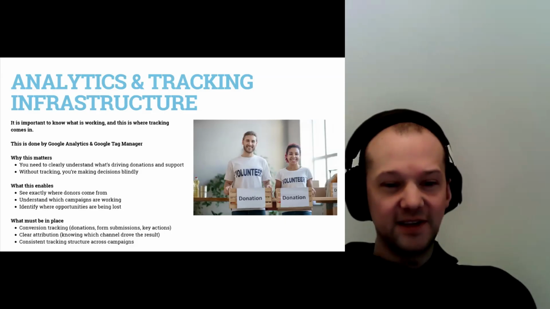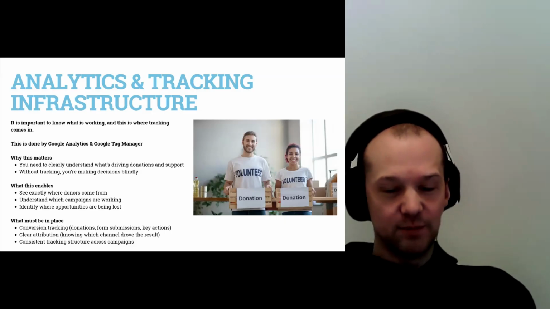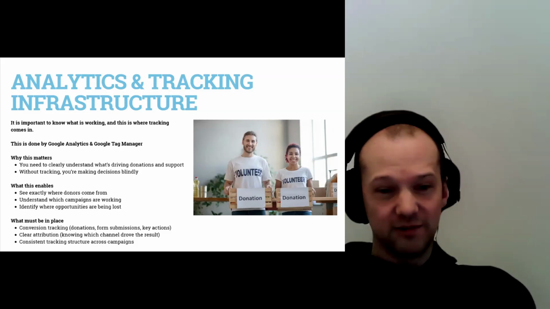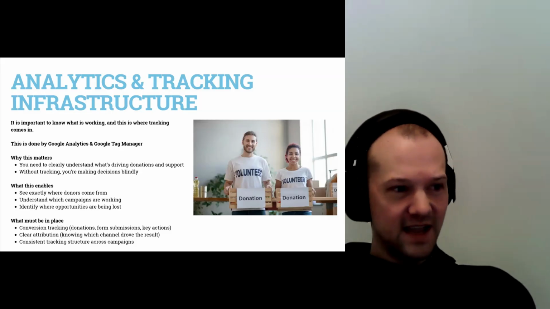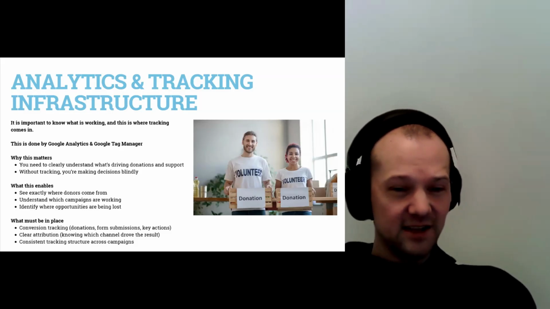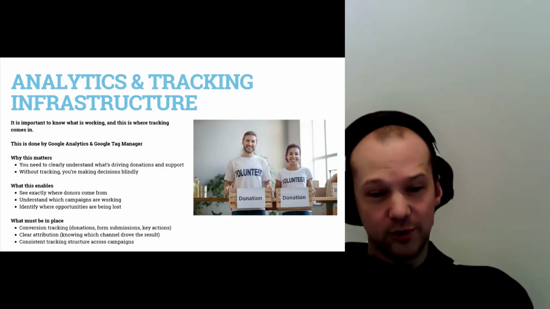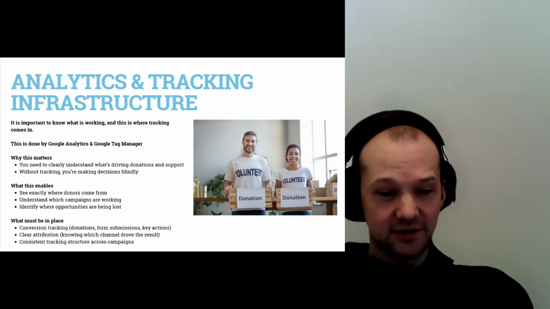You need to clearly understand what's driving donations and support. Without tracking, you're making decisions blindly, and making blind decisions does not work very well. What does this enable? You see exactly where donors are coming from. You understand which campaigns are working, and you identify where opportunities are being lost.